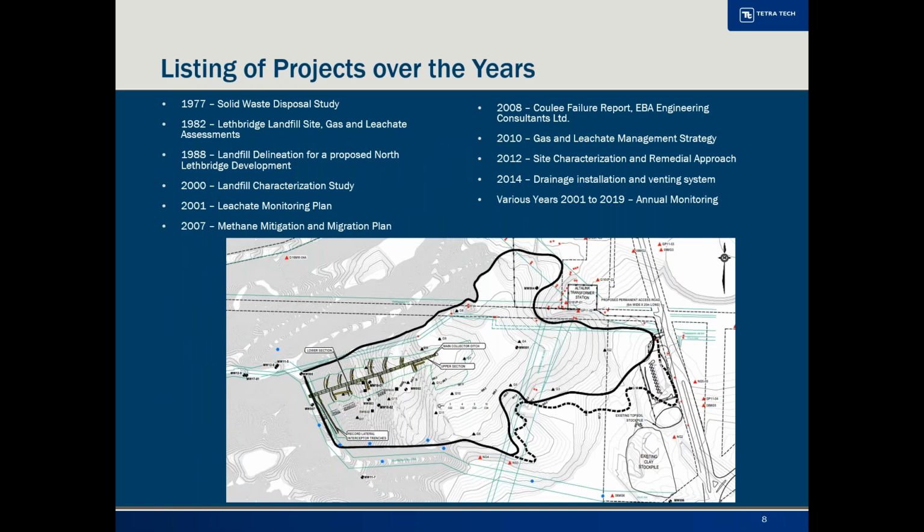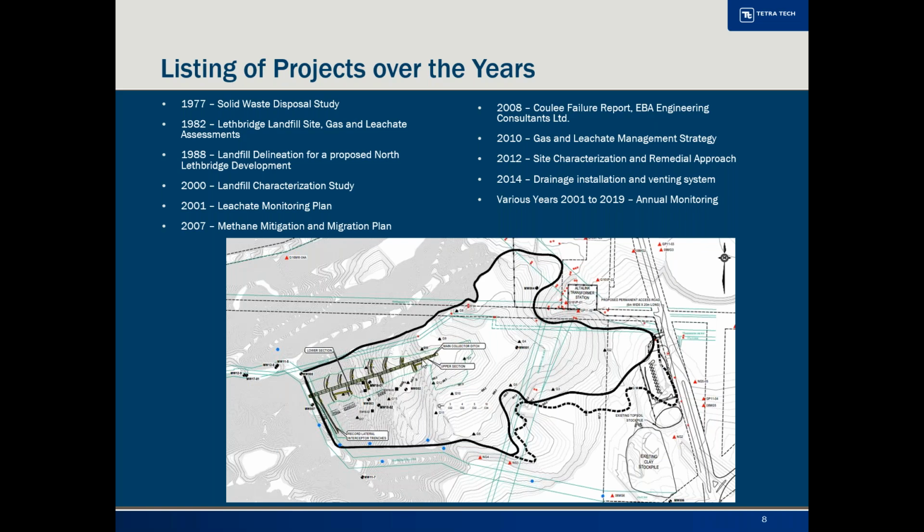We do have some historical reports on the site. We're not really sure what was done pre-2000, but we do have a good handle on everything since 2000. So there's a few historical reports. You can see the solid black line in the image that shows the landfill boundary. The drainage system on the steep slopes that was done in 2014 is visible on the left side of the figure, and that's the west side of the site.